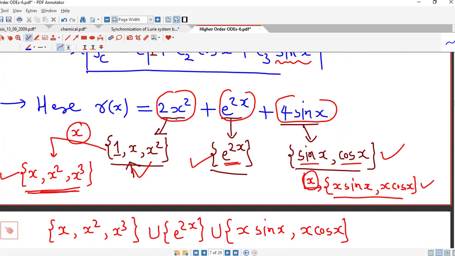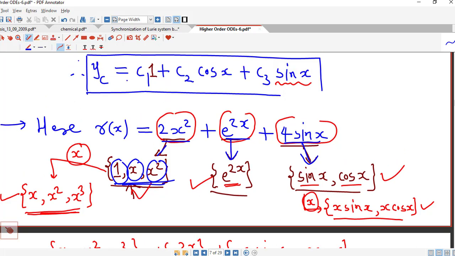even if we have more than two functions in the addition. What we have to take care of is that we have to write down the families corresponding to each function. Then we have to check for each family whether any member is present in the complementary function or not. If any member is present in the complementary function, then we modify that family by multiplying with x.